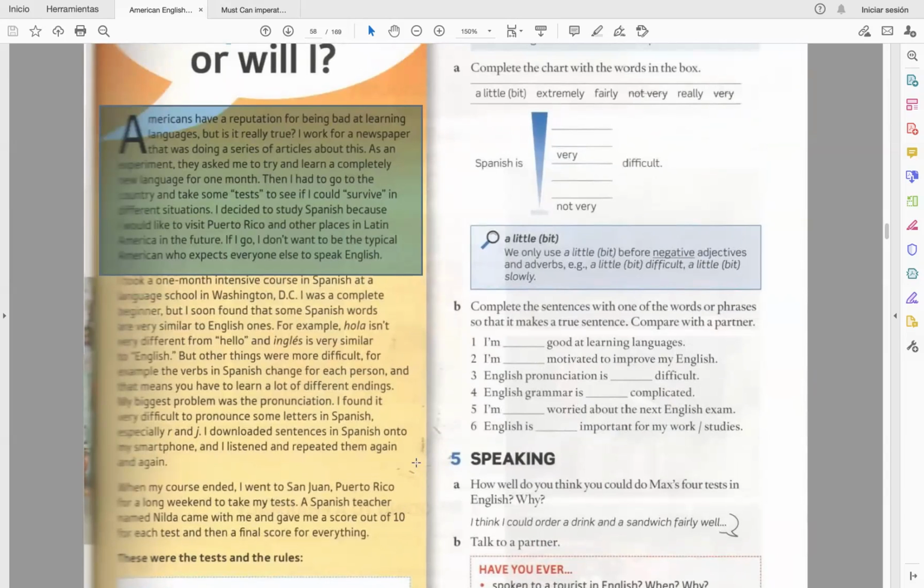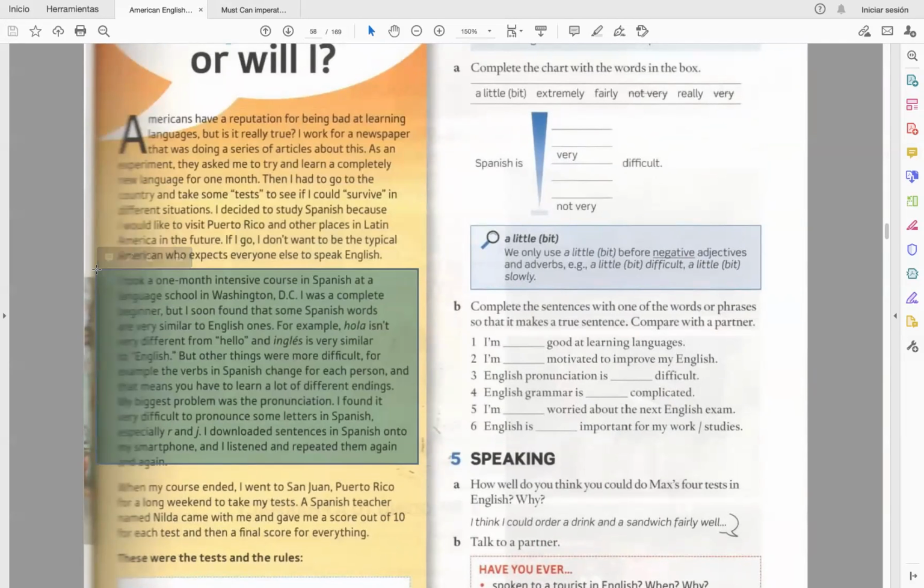Okay. Second paragraph. Any problems of vocabulary in the second paragraph? Any questions? Profe, tenía una duda, ¿qué es beginner? Está como en la tercera línea, al principio. Beginner, principiante.